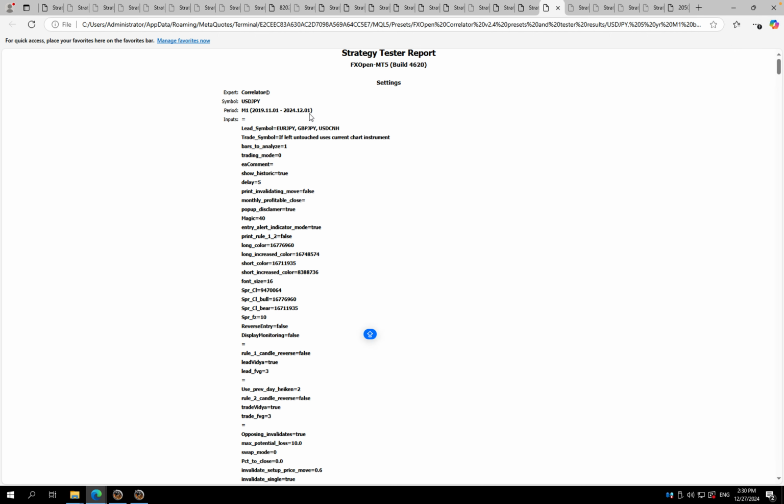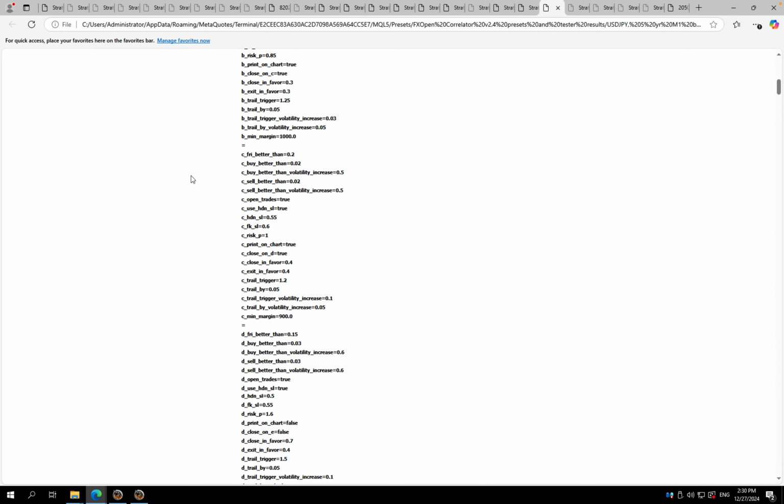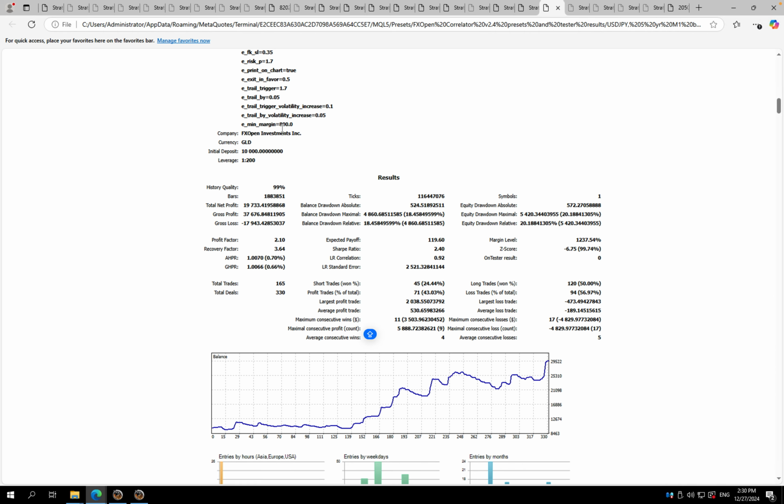Next one, USD yen. Again, the 5-year period with a 10,000 deposit, 99% history accuracy. We've got profit of 19,733. So almost 200% return over 5 years. The biggest drawdown being 20%.